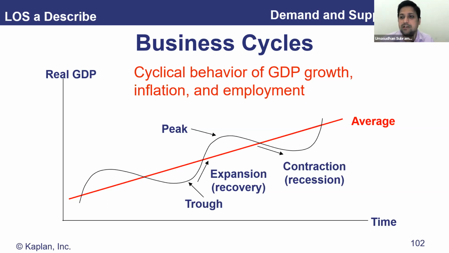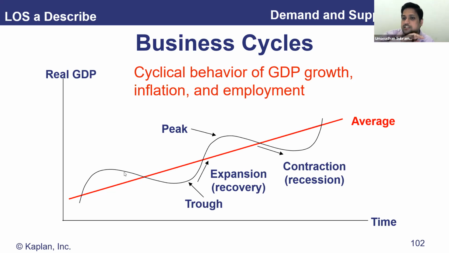Then after some time, the government realizes the economy is very hot. It is at a peak, and you've got to cool it down a bit. Then you stop subsidies, you stop spending. What happens? Your demand drops, and you go into a recession again. Changes keep happening. If you plot an average, it will be like this.